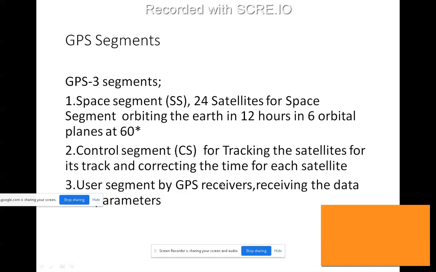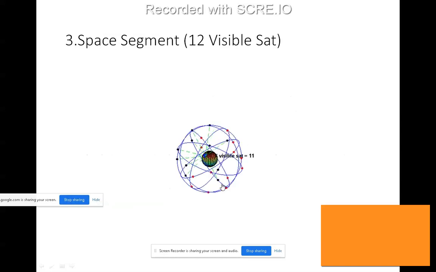If you want to know how the 24 satellites are orbiting, this is the 24 satellite. 24 or 12? 24. So 12 visible satellites are here in 6 orbits.